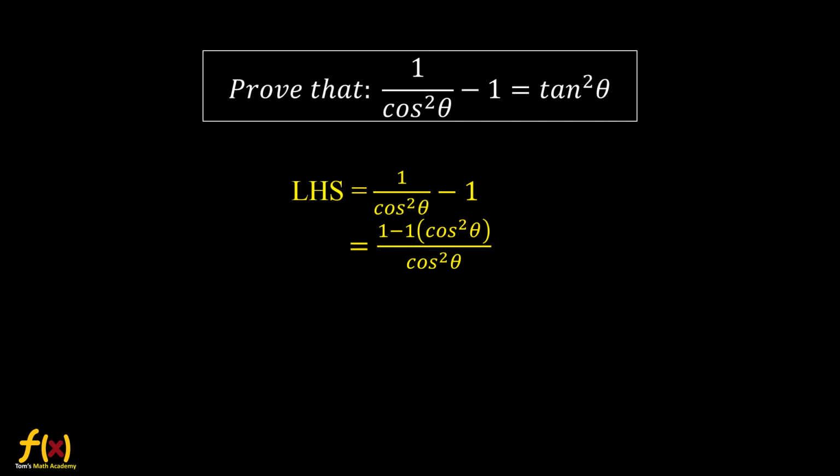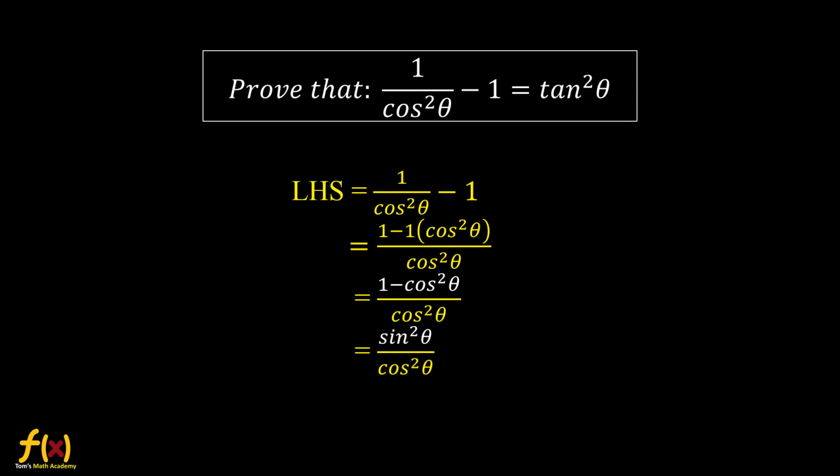Then we simplify the numerator: 1 minus 1 times cos square. We remove the bracket. 1 minus cos square theta over cos square. 1 minus cos square is sin square. We have the well-known identity, cos square theta plus sin square theta equals 1.